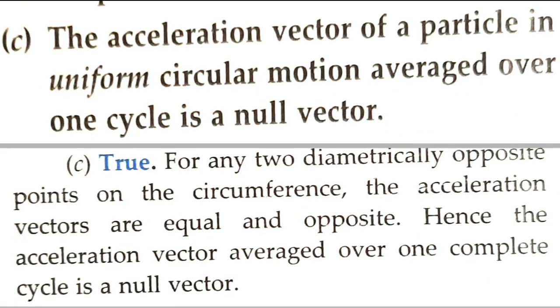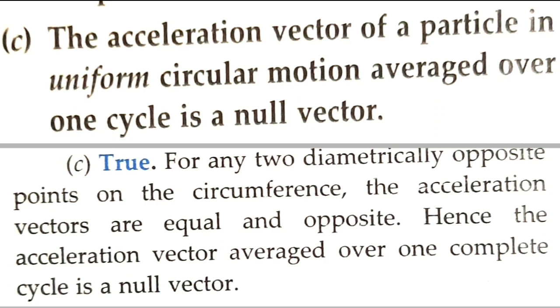The acceleration vector of a particle in uniform circular motion averaged over one cycle is a null vector. So acceleration vector in uniform circular motion averaged over one cycle. When we average over one cycle, we will get it to be a null vector, because for any two diametrically opposite points on the circumference, the acceleration vectors are equal and opposite.